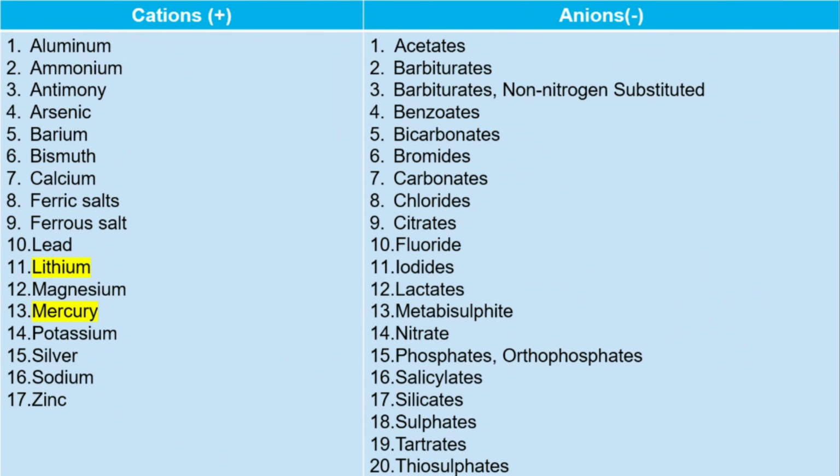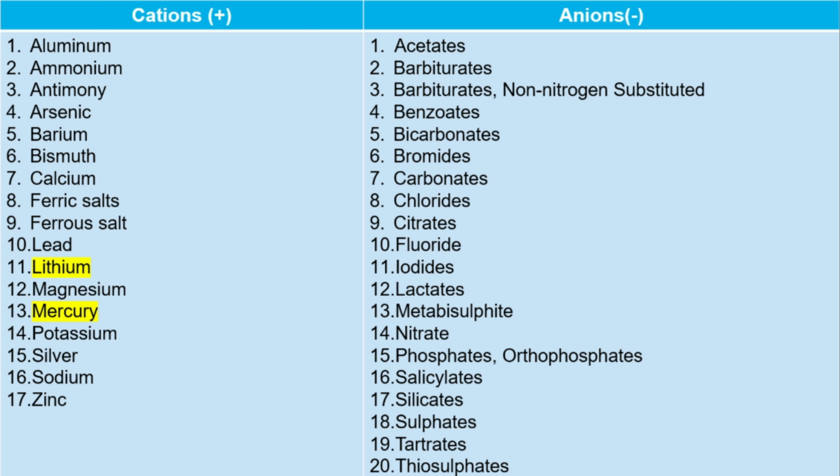Here is the list of cations and anions as per Indian Pharmacopoeia. In this topic, we will discuss the cations, that is, ions having positive charge. Here is the list. The first one is aluminum, then ammonium, antimony, arsenic, barium, bismuth, calcium, ferric salt, ferrous salt, lead, lithium, magnesium, mercury, potassium, silver, sodium, and zinc.